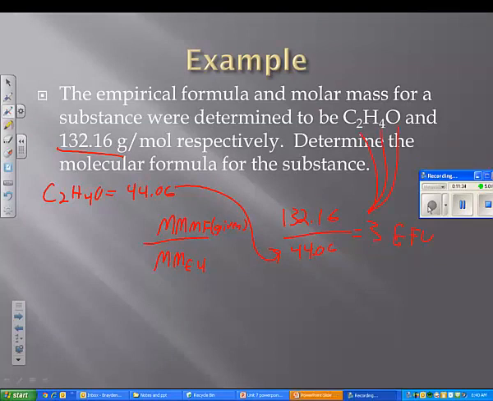So 2 times 3 is 6, so C6. 4 times 3 is 12, so H12. And 1 times 3 is 3, so O3. C6H12O3. Sorry, I couldn't see that one there. And that's our final answer.